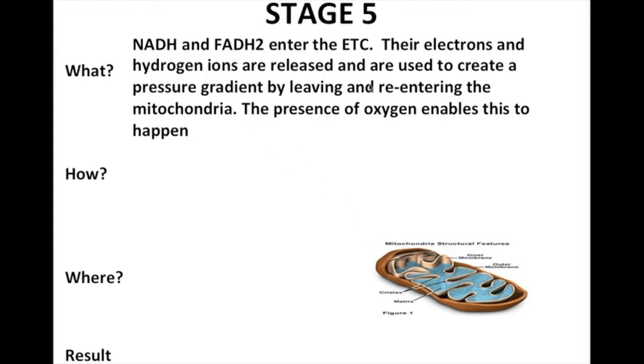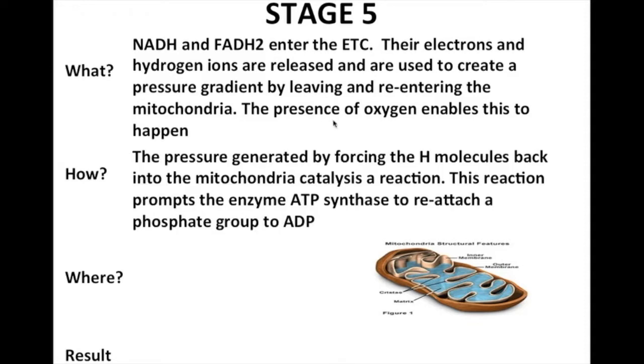For this process to happen, we need oxygen. That's ultimately why we need to breathe, because if we didn't breathe, we wouldn't be able to have this process. So we've pushed the hydrogen molecules out of the mitochondria and we've created pressure.